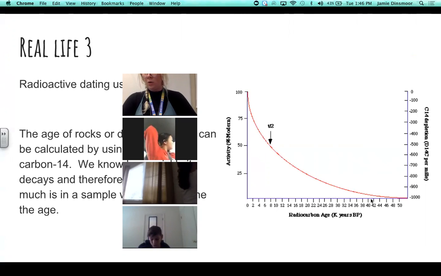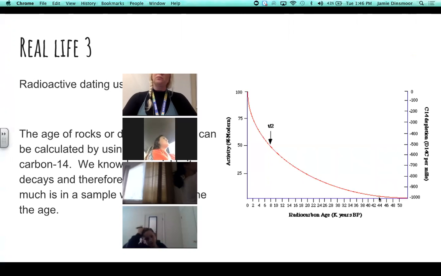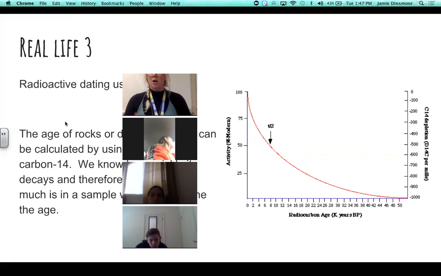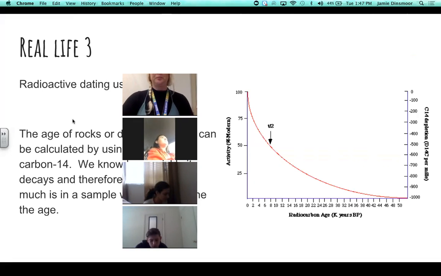And then once we get all the way to 44 years, then we barely see any. We would see like 2%. So we can actually use these isotopes to figure out how old something is. This is pretty common in finding out, like, if bones are discovered, like a grave site, and they think, oh, this could have been a murder, right? This could be used to find the right age of something.